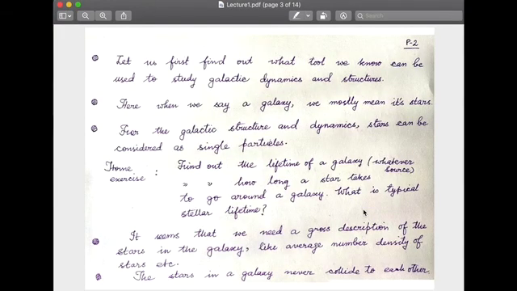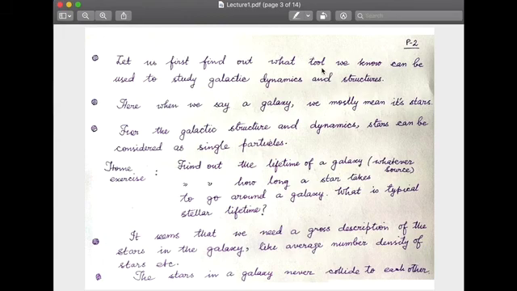The basic mathematical framework is already known to us. It was taught to you by Vidya when he talked to you about many-body physics. In this case, the bodies are the stars.